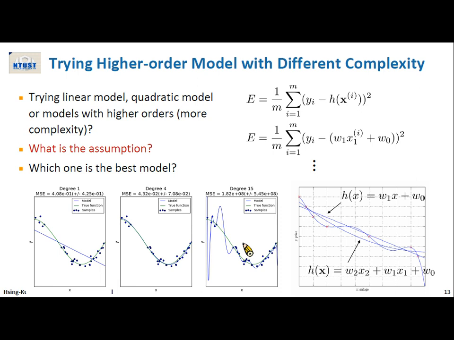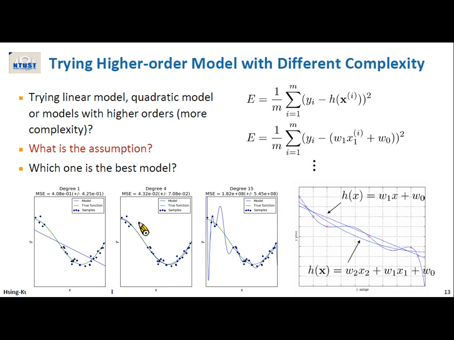Noise means that the data points will not be perfect. If the data is perfect, then we should try our best to fit those data, which means that the model we have should go through all the data points. But we didn't.